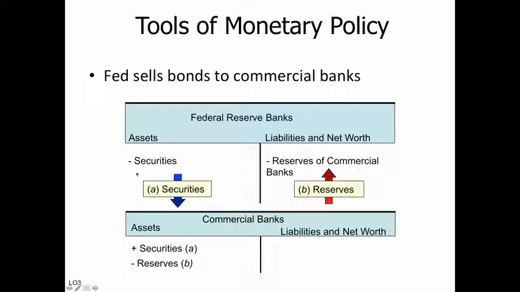This time, the bonds or the securities would be bought by the banks. So the securities would go from the Fed to the bank. In return, reserves will go from the bank back to the Fed. So this is taking reserves out of the bank's reserves.